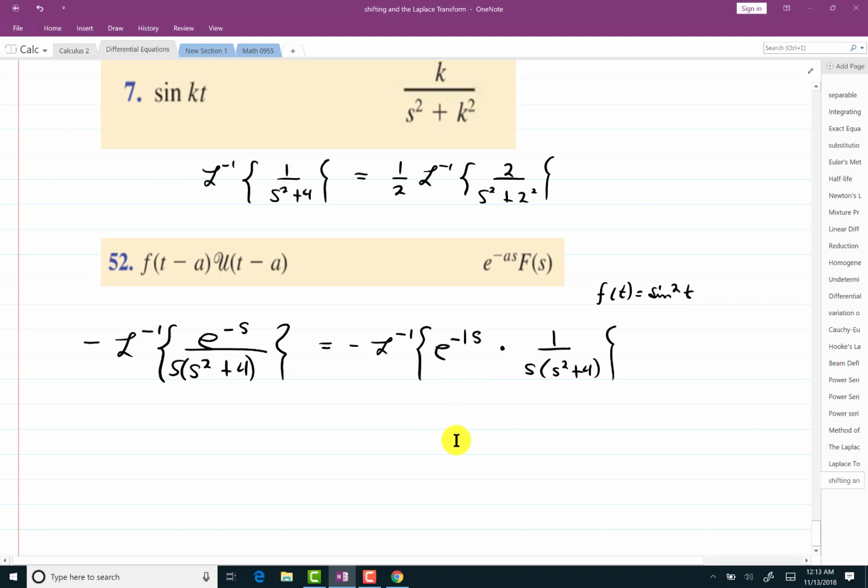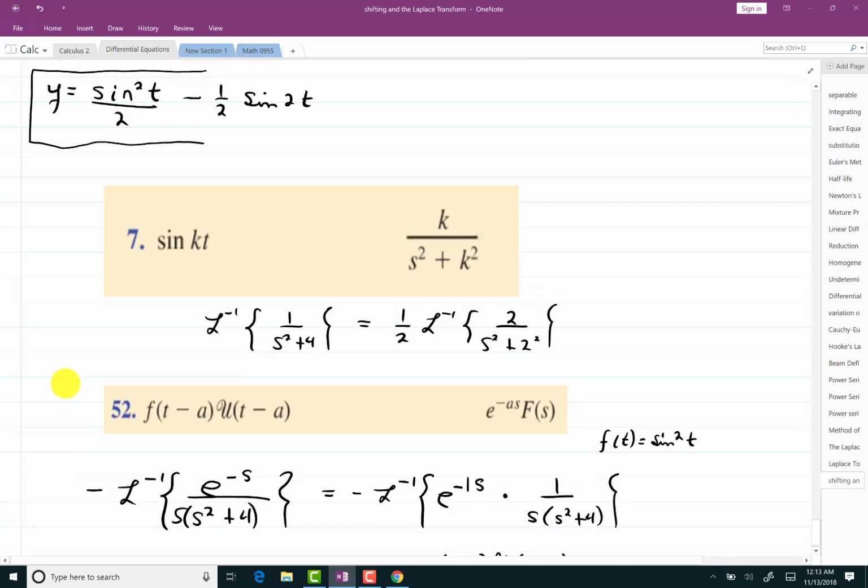So this piece right here will be the negative sine squared t minus 1 times u of t minus a, u of t minus 1. And so I'll go ahead and append that to my final answer.